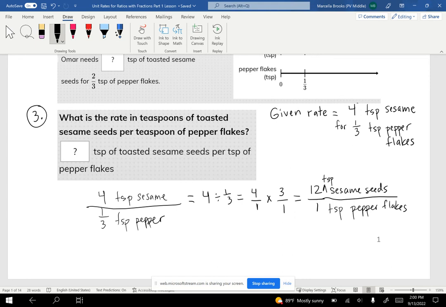All right, so when it asks you how many teaspoons of toasted sesame seeds per teaspoon of pepper flakes, that is 12. So we put 12 up here.